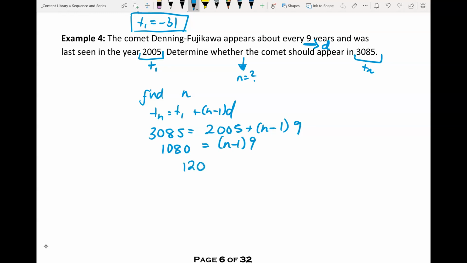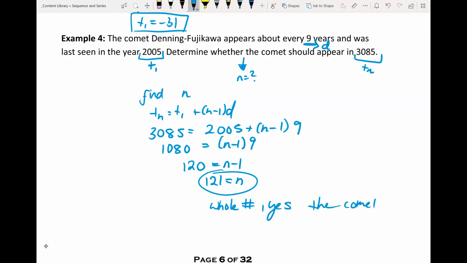Then I'm going to get 120. And then lastly, add 1 on both sides. We're going to get 121 is equal to n. So this is a whole number. So yes, the comet will appear in 3085.